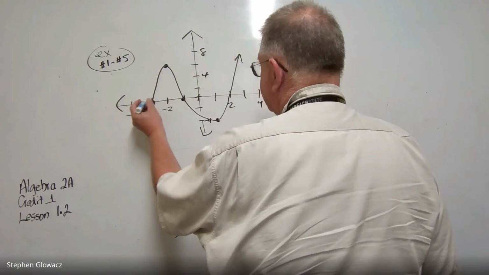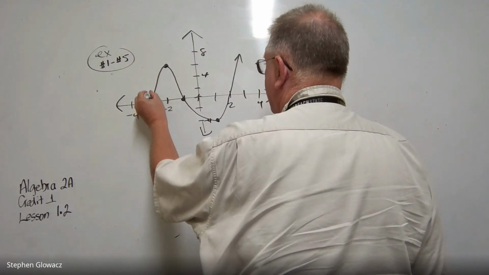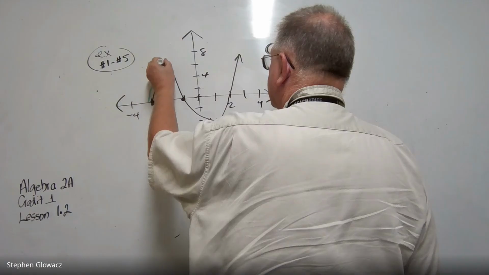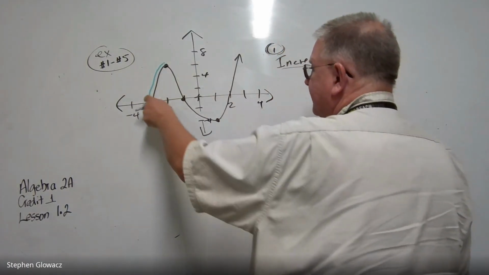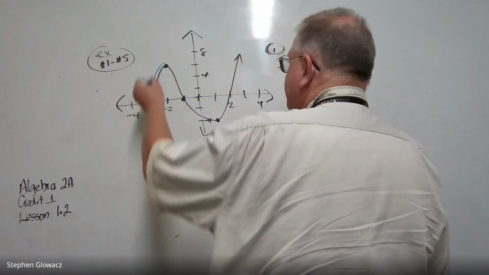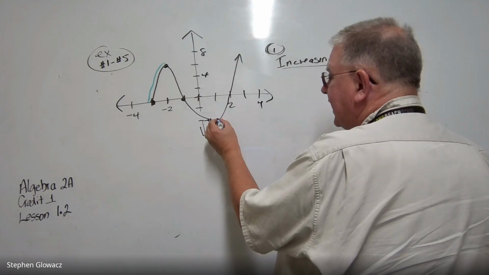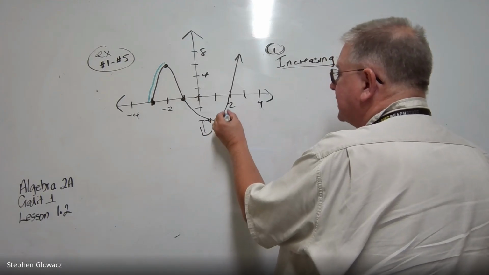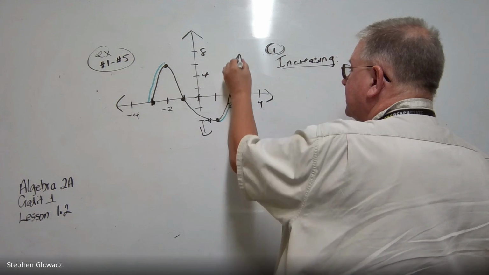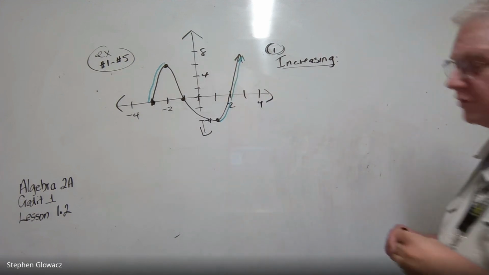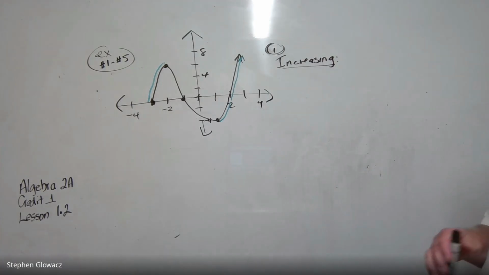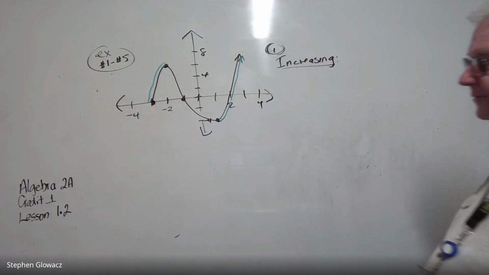Imagine climbing up the hill, so it's increasing here at this first part of the graph, but then it's no longer increasing, it's going down. But when it reaches the bottom, it does start increasing again. So there are 2 intervals on which this graph is increasing, and we're going to write these as inequalities.